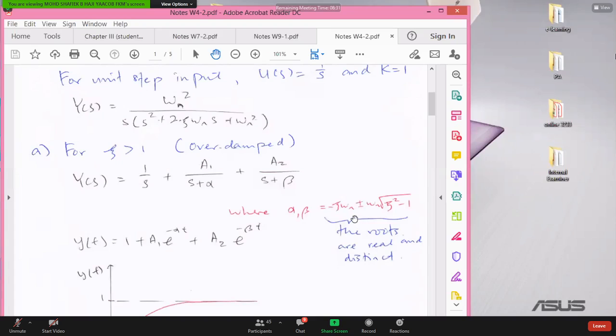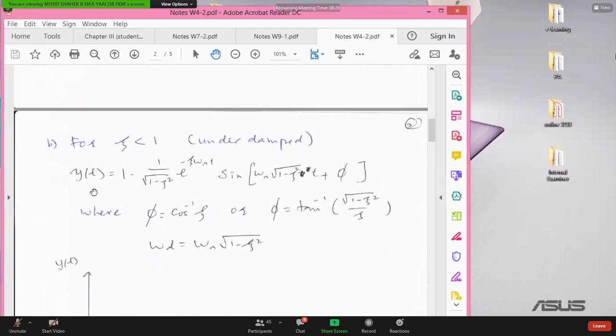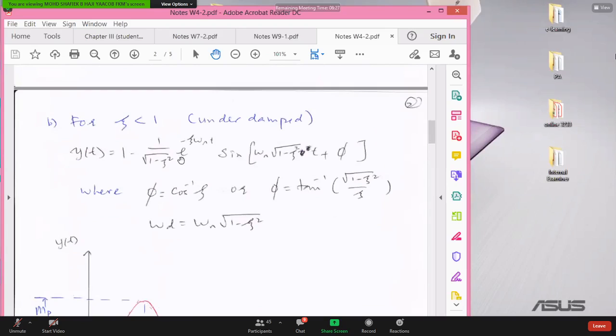And if you look at the response, this is the response, with e raised to the power of minus zeta omega n t. So this tells us about the time constant of the system. The time constant of the system is 1 divided by zeta omega n. This is omega d, the damped natural frequency, the actual frequency of oscillation: omega n times the square root of 1 minus zeta squared.